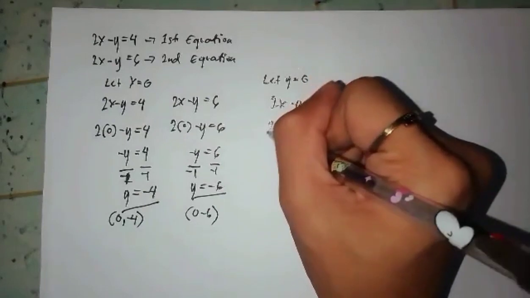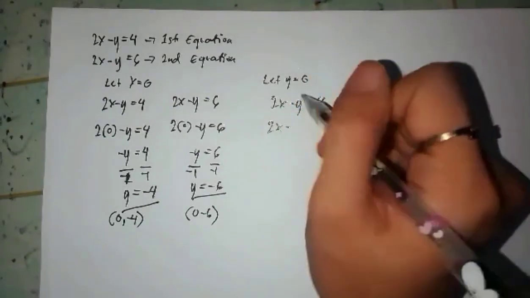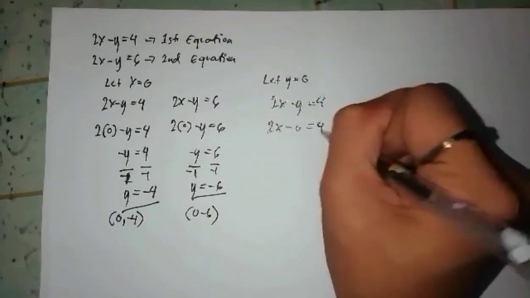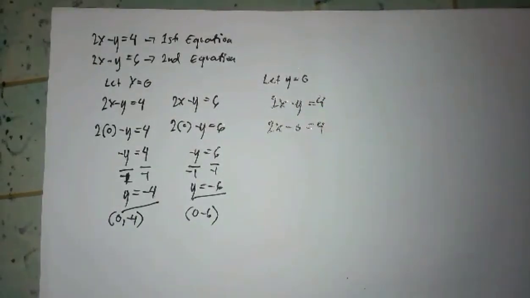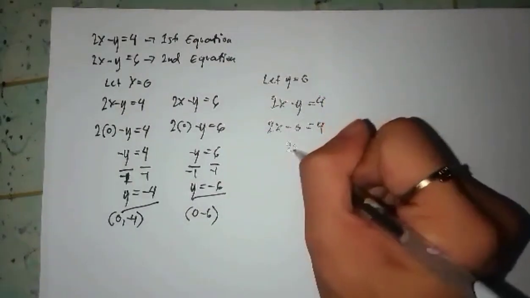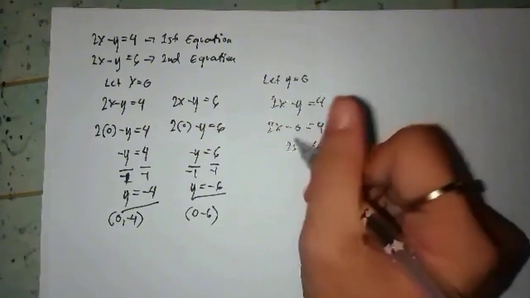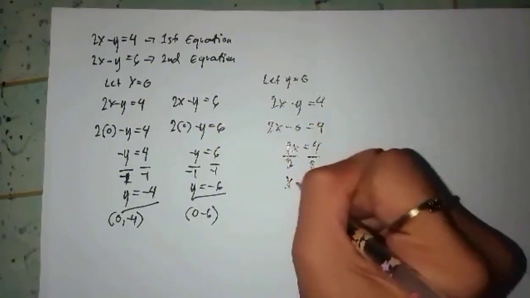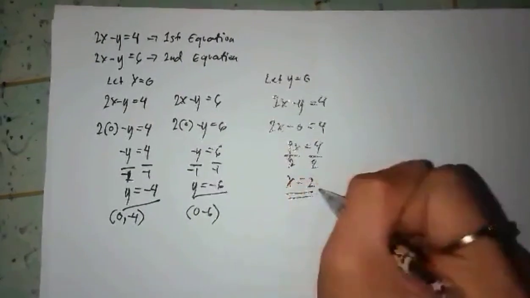So, x be 0. So, ang answer diri is 2x equals 4. So, divide na to siya by 2. Cancel. Ang x niya diri kay 2 sa first equation.